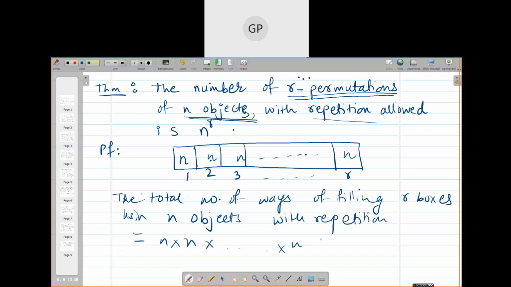How many times? R times. So what is the answer? N raised to R. Okay.